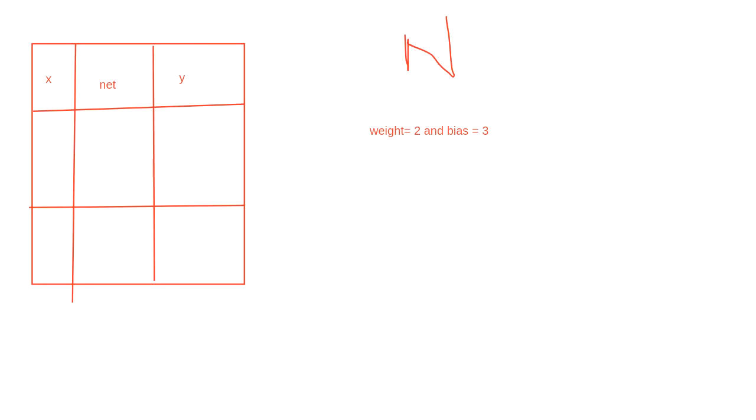You will have to tell me the value of threshold in this case. So X will be 0 and 1. You will be telling me the values of net according to this weight and bias value. Y needs to be 1 and 0. Just tell me the values of net and threshold.